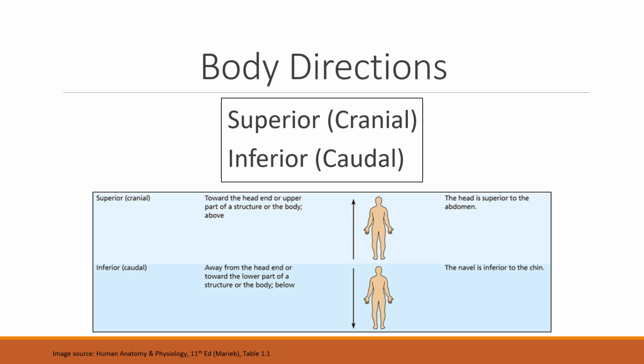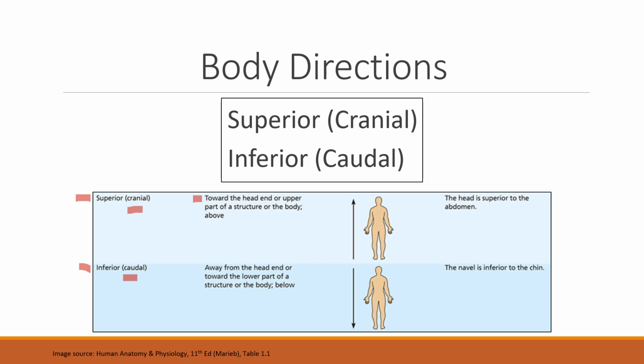All right, so now that we talked about those different planes, let's talk about different body directions. Now you see here, this is taken from your book, table 1.1. And so we have two terms here. We have superior and we have inferior, where superior or cranial means towards the head, and inferior or caudal means tail.